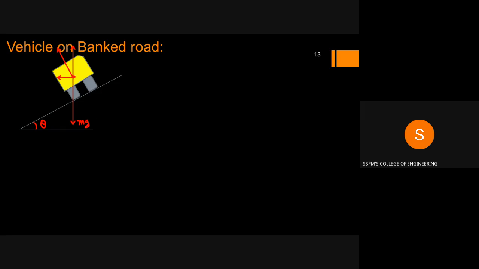This is the center of gravity, and this is the normal reaction offered by the road surface, exactly perpendicular. Now as this angle is theta, the normal reaction makes angle theta with the vertical. So this component is n cos theta, and this component is n sin theta.